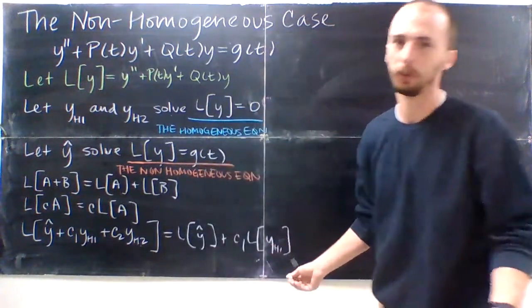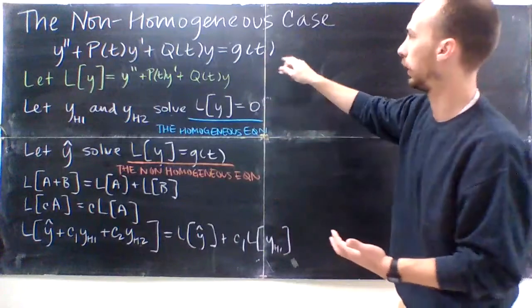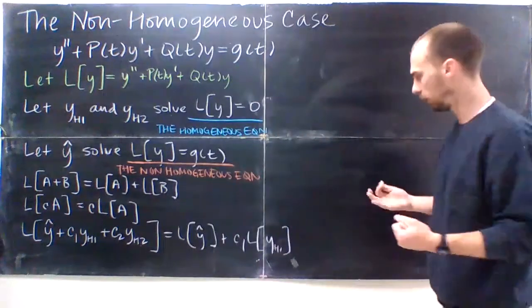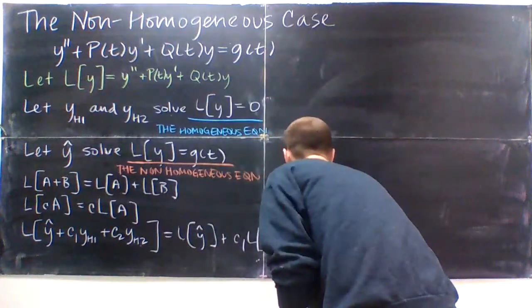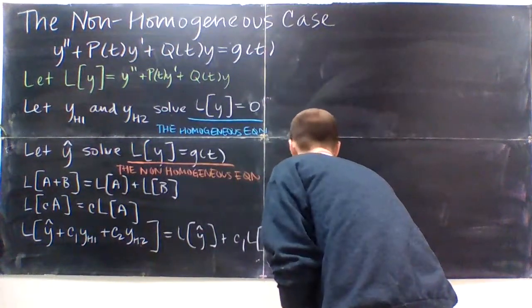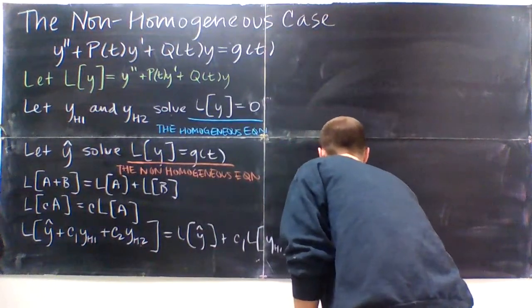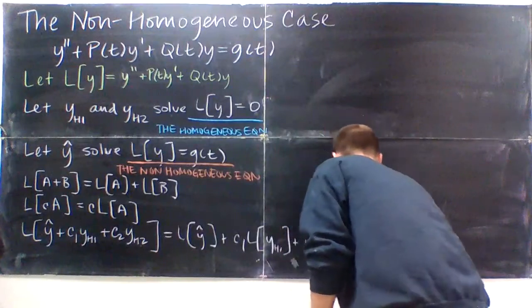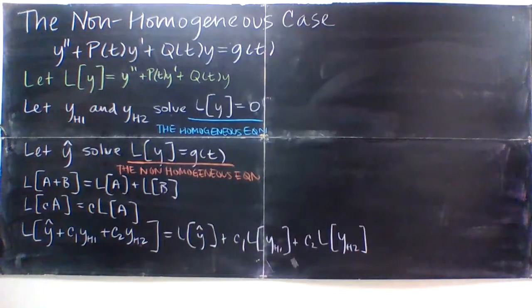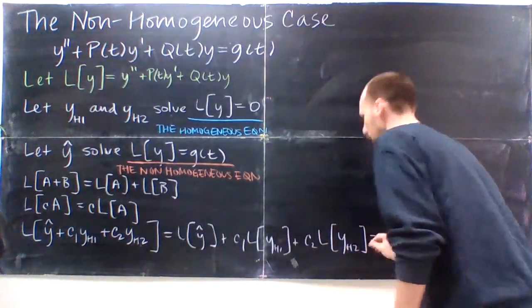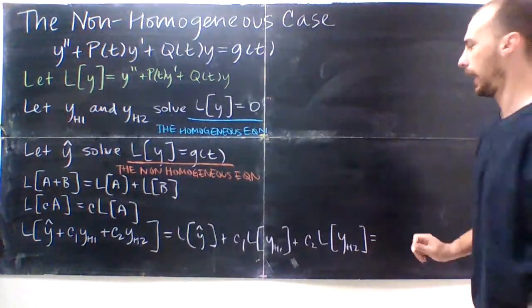I know what happens when I run homogeneous solution 1 through that equation. So basically doing L to it, I'm going to get 0. And plus C2 times L of homogeneous solution 2. Okay. And that is going to be equal to L of y hat, which is g of t.